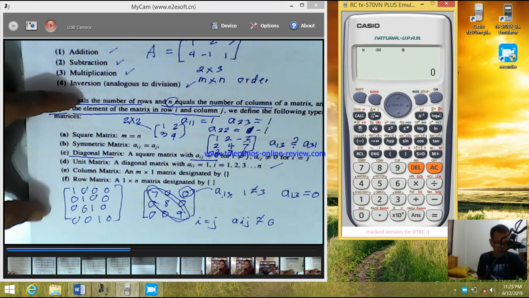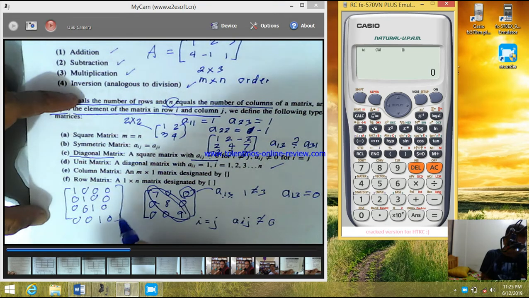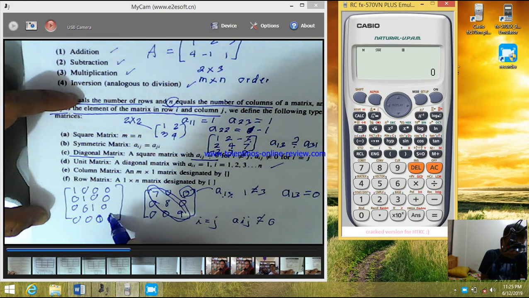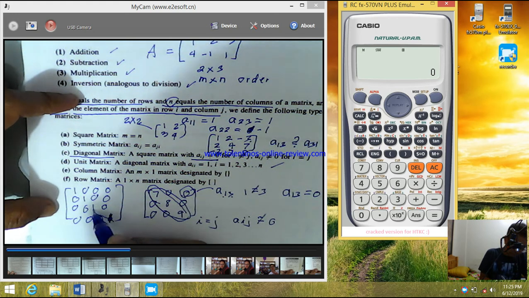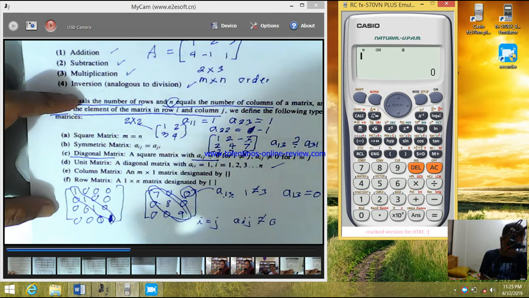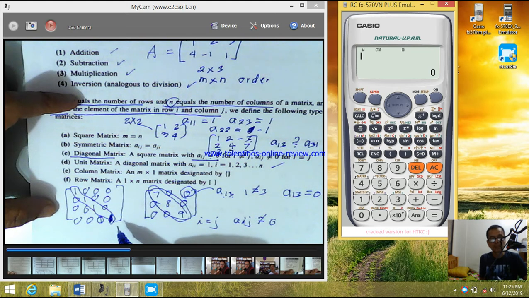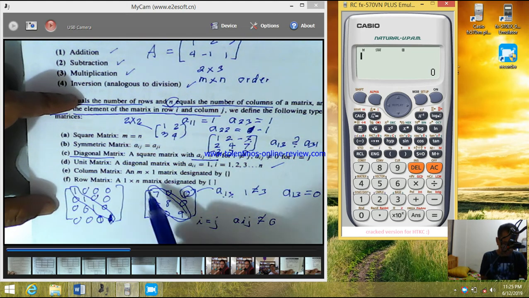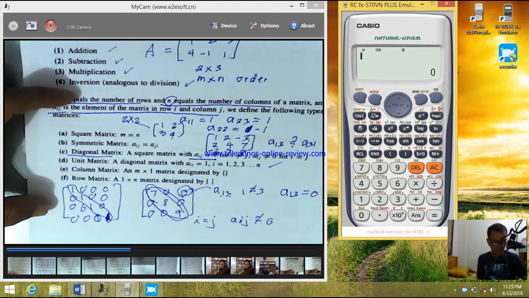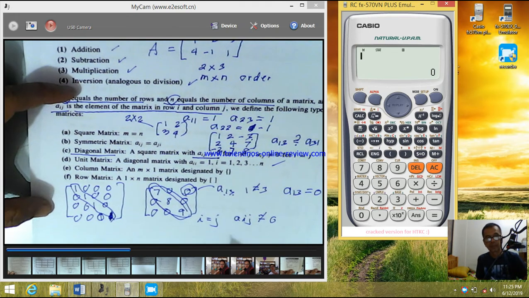So, this is a square matrix. This should be 0 and then 1. Ito yung principal diagonal. Diagonal matrix siya. Pagkakaiba niya sa diagonal, puro 1 to, ito hindi. And then square din siya.